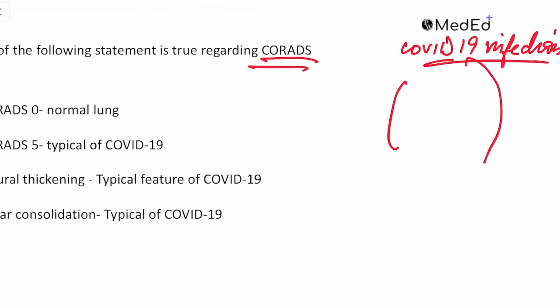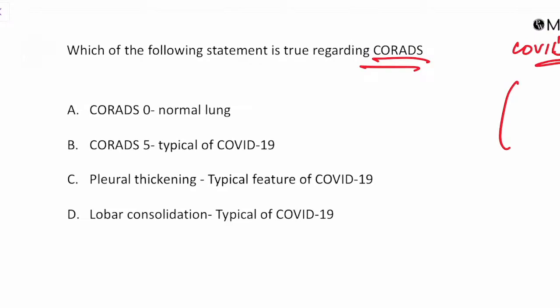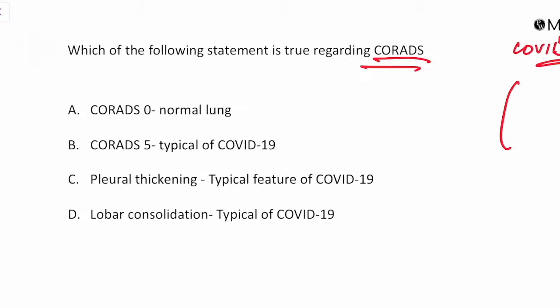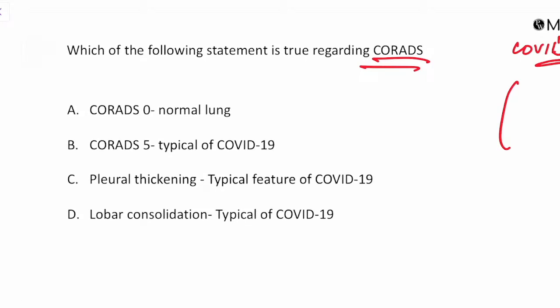So these are the most important imaging features of a patient with typical COVID-19 infection. Now if I talk about CORADS 0, it is not CORADS 0 which is a normal lung, it is CORADS 1 which is a normal lung.